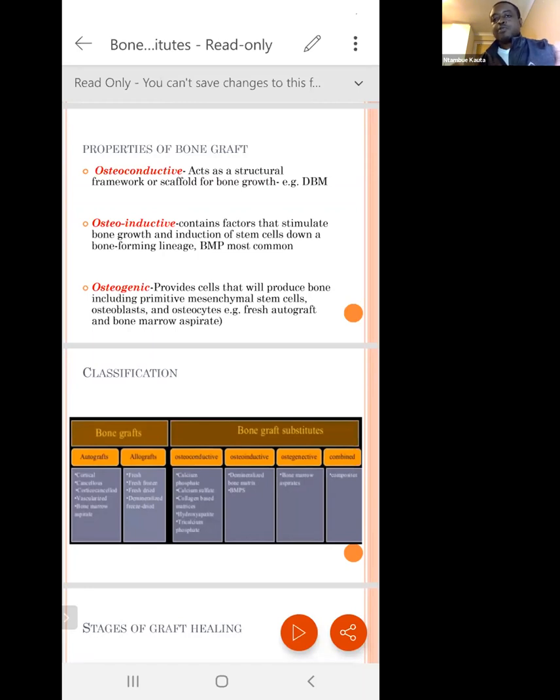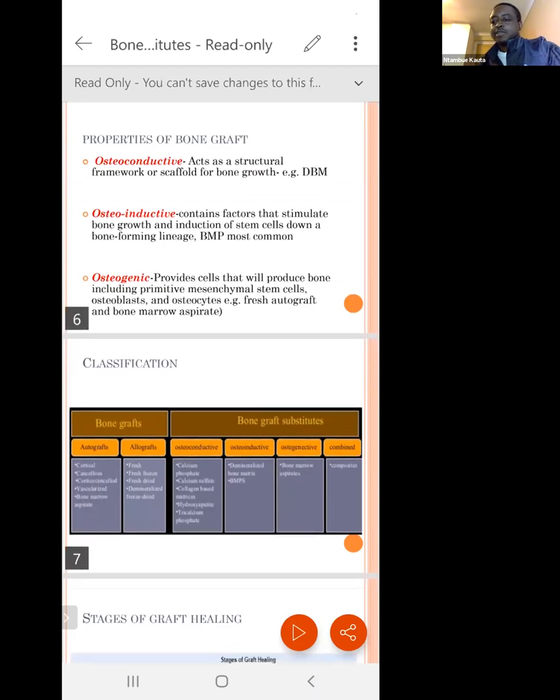Even with the autograft, not all of them will give you structural support. So when you're thinking bone graft, you have to think, what do you need and where can you get it from with least side effect and cost effectively?